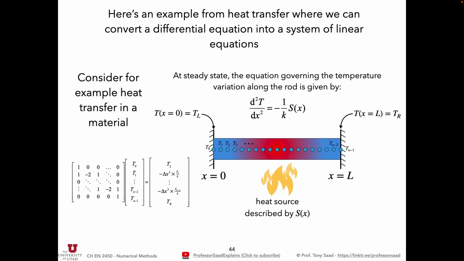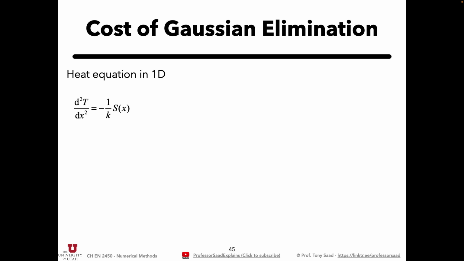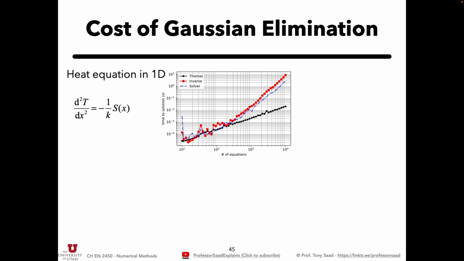Okay. So now suppose you were to do this problem with Gaussian elimination. Okay? So I'm solving this equation in 1D. Right? What I'm plotting here is the cost of solving this equation as a function of the number of points. Okay? So I'm putting 10 points, 100 points, 1,000 points, 1,000,000 points, and so on.